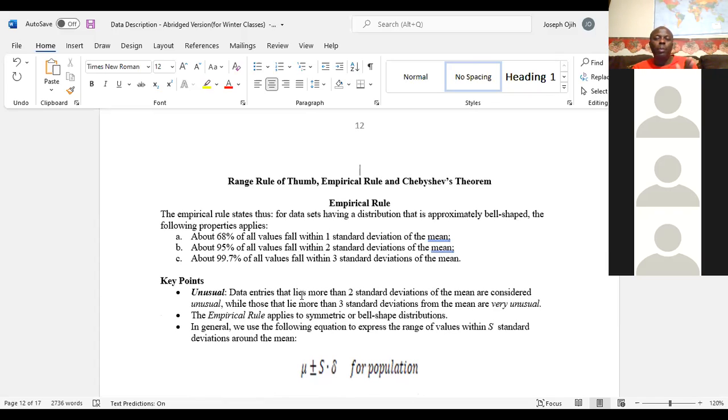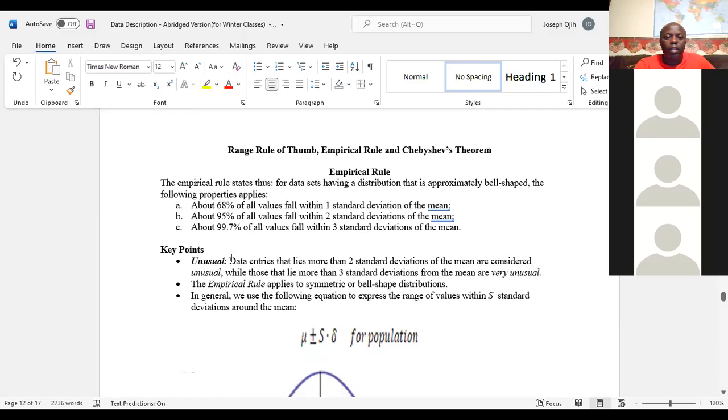Remember when we did shape of distribution, I explained what it means to be bell-shaped, right skewed, or left skewed. So this one is used for the distribution that is bell-shaped. For that distribution, most of the data fall within this 95%, the majority.